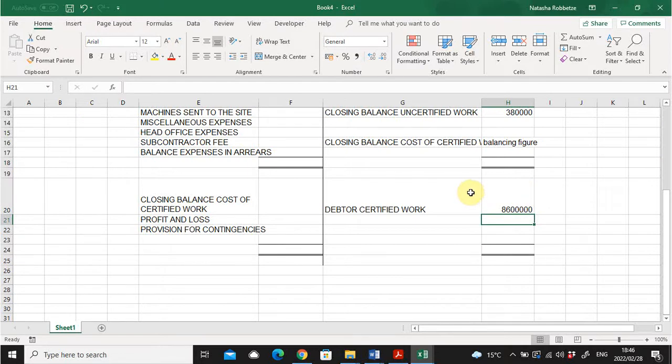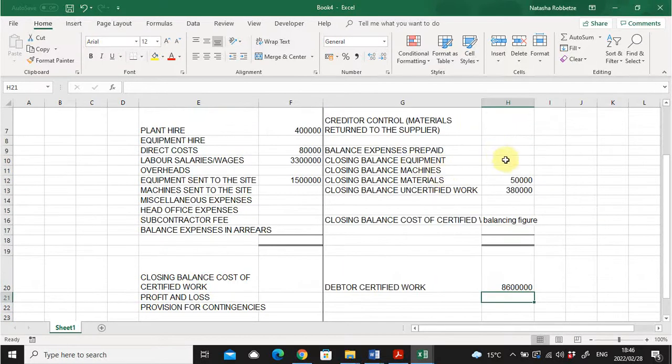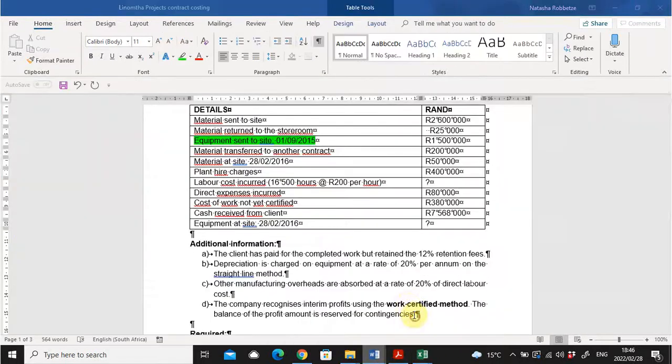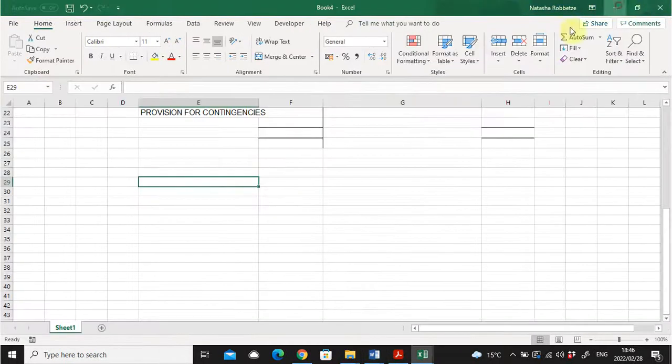Then moving on, we need to look at the equipment at the site. There is a question mark for the closing balance of the equipment, which means that we need to calculate some depreciation. The depreciation we are told is 20% per annum. So I'm quickly going to do my calculation here.